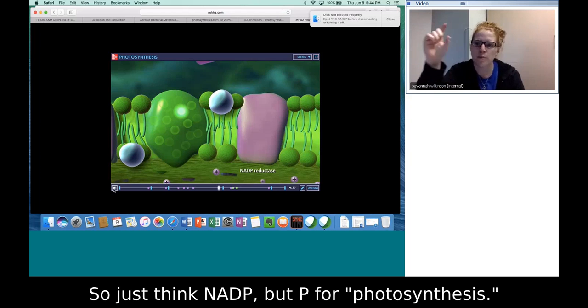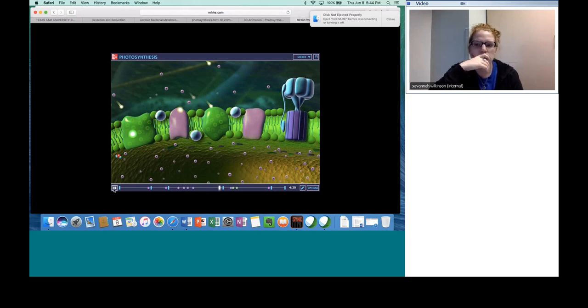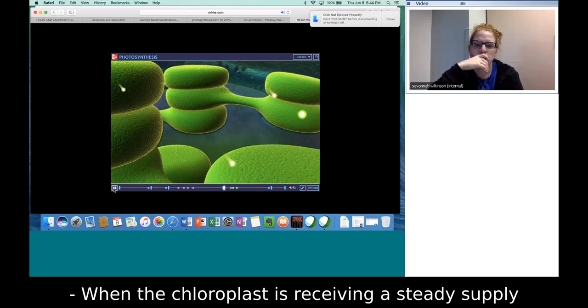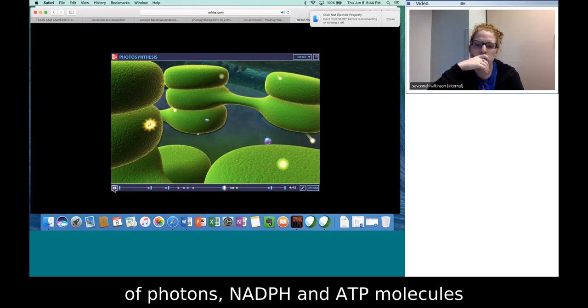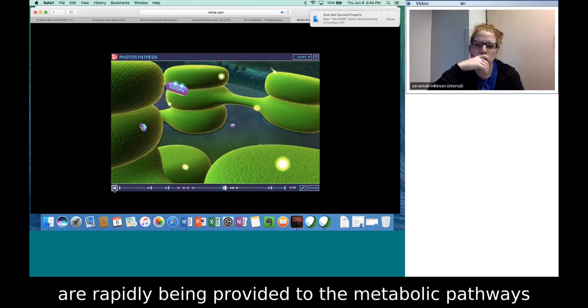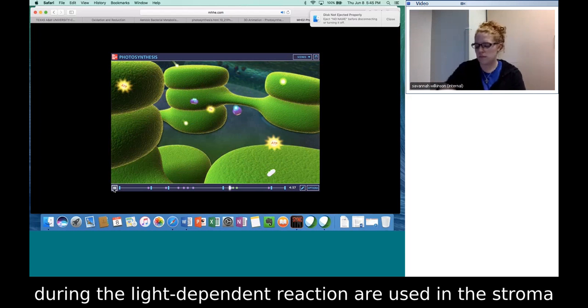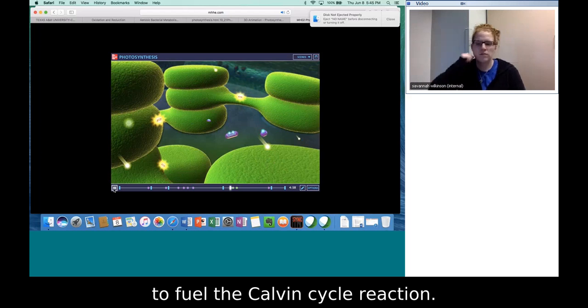So just think NADP, the P for photosynthesis. When the chloroplast is receiving a steady supply of photons, NADPH and ATP molecules are rapidly being provided to the metabolic pathways in the stroma. Therefore, the ATP and NADPH formed during the light-dependent reactions are used in the stroma to fuel the Calvin cycle reactions.